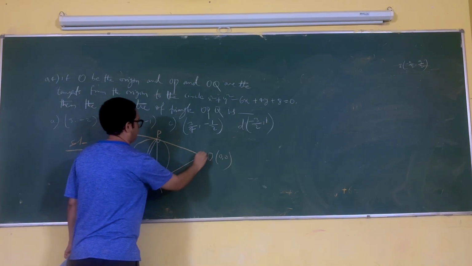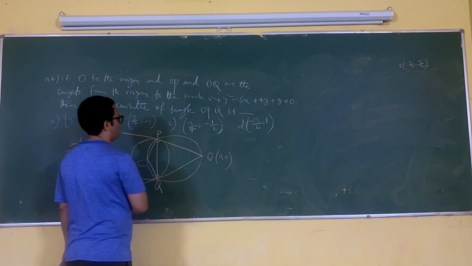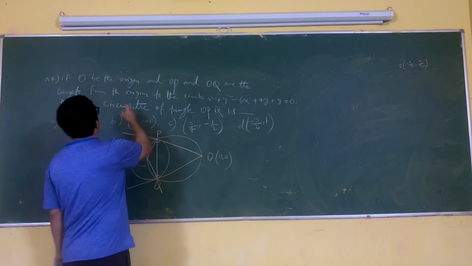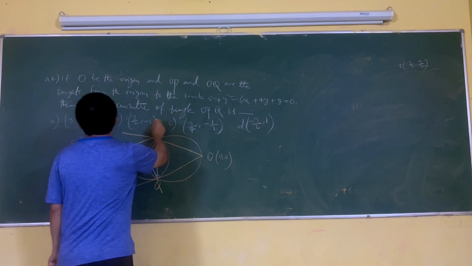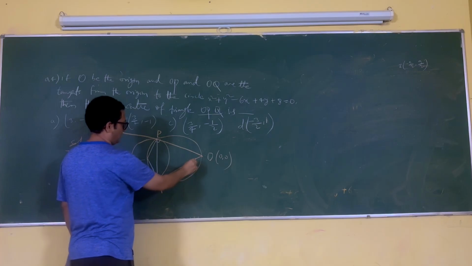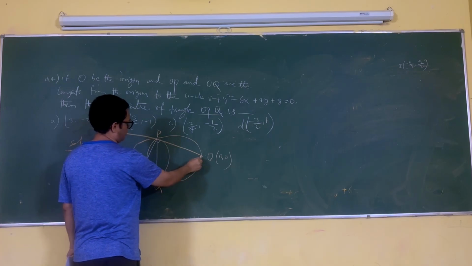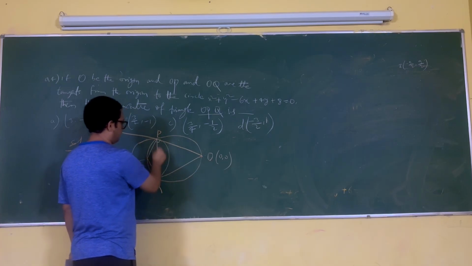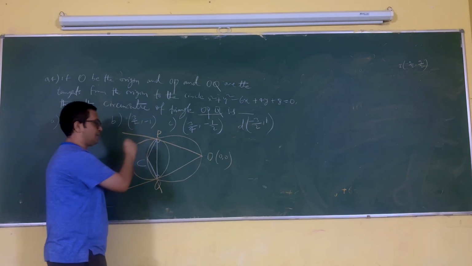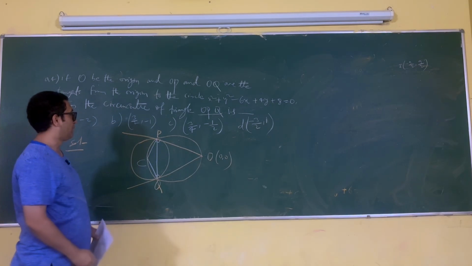Understand? All these 4 points. Yes or no? And that's what they are saying. Then the circumcenter of the triangle OPQ, OPQ means if you draw the circle touching all the 3 vertices of triangle OPQ, then it will pass through point C also. Why will it pass?